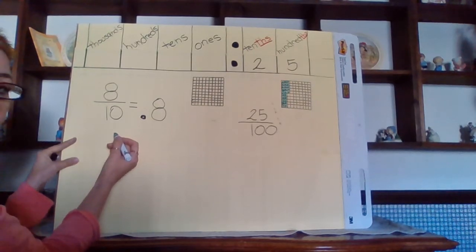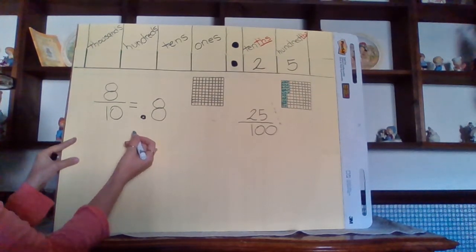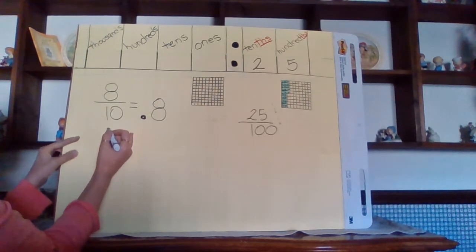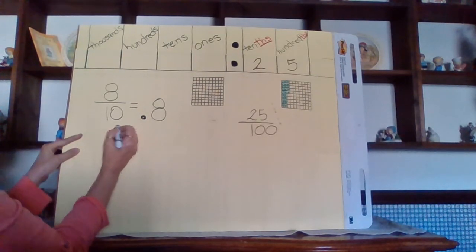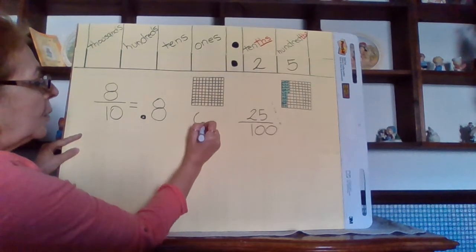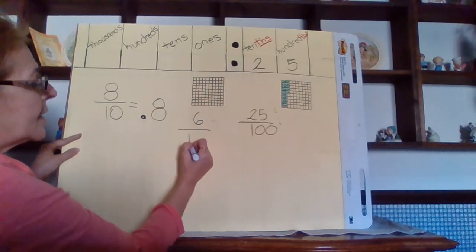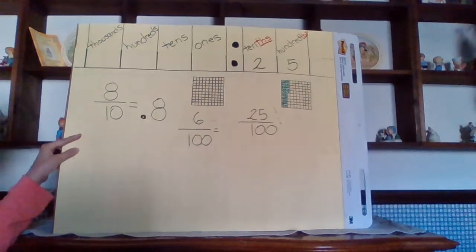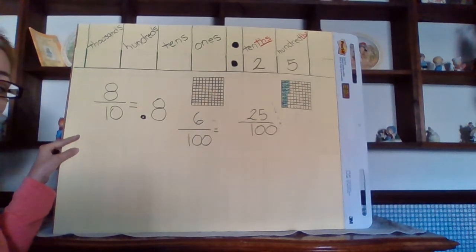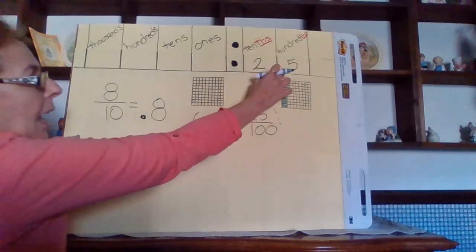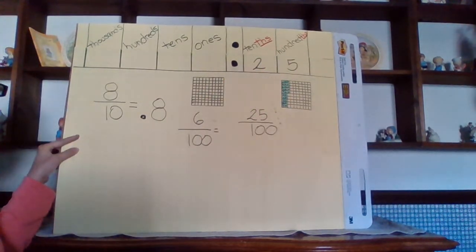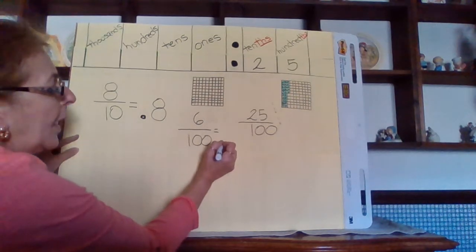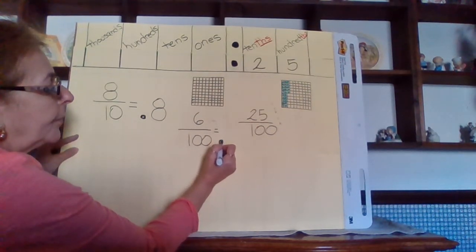Okay, another example. Let's do a hundredths number. And I'm going to get a little tricky here. So what about 6/100? How would I write that decimal number? Well, I know 6 has to be in my hundredths place. So I have my decimal.